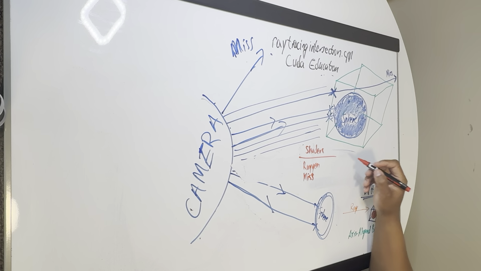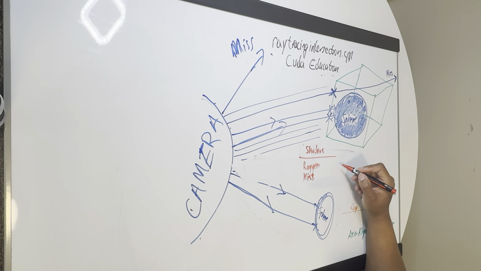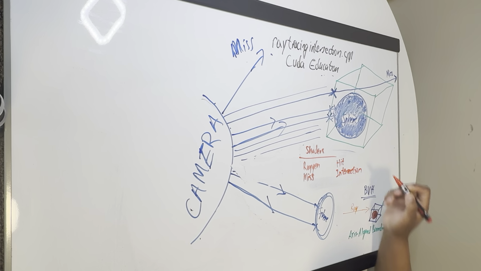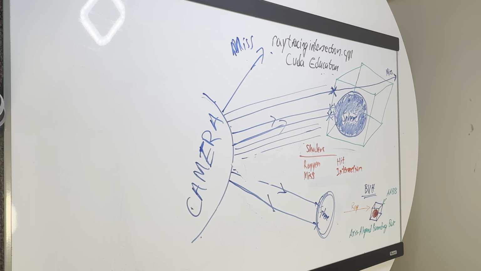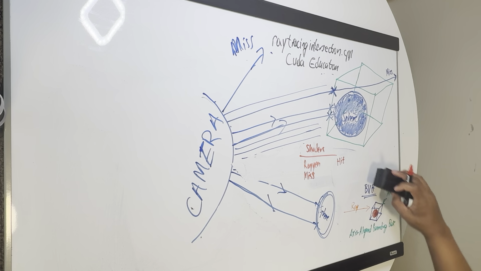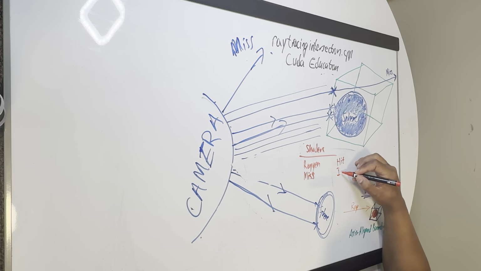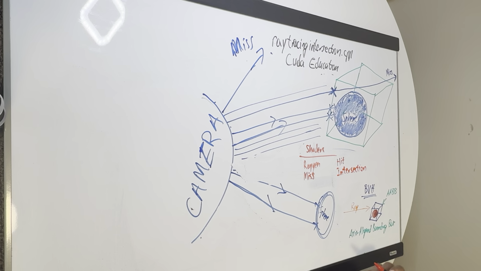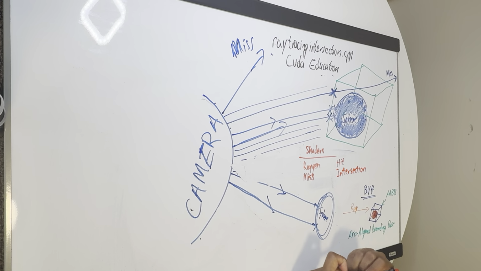We have a hit shader, and we have our intersection shader. Okay, so we have a ray gen, miss, hit, and intersection shader.